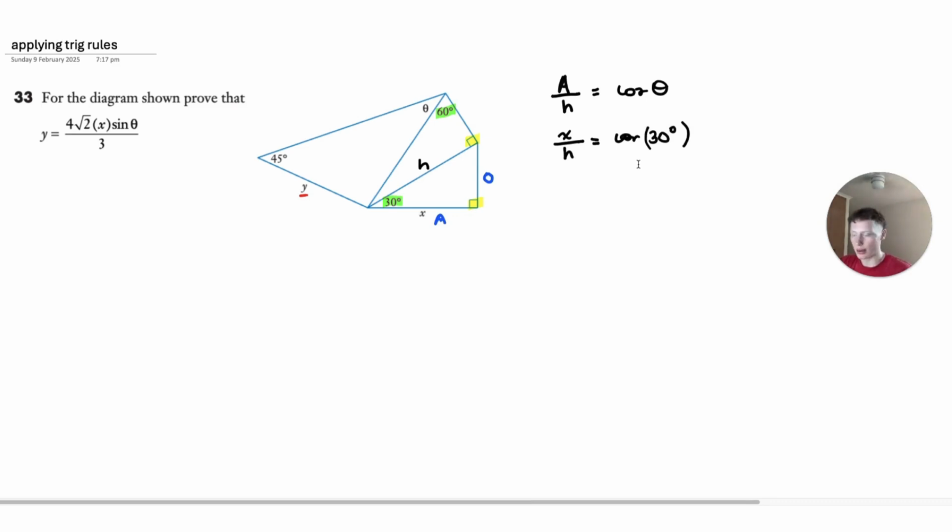Now, I'm going to go ahead and assume this is tech-free. And what that means is that for our cos of 30 degrees, we've got to use our special triangles. So this would be an angle that you're expected to know in a tech-free scenario. And we can figure out what it is by using our triangle here.